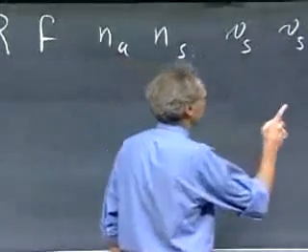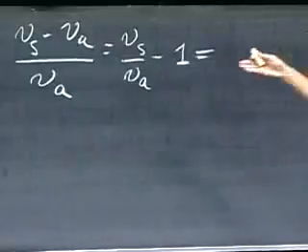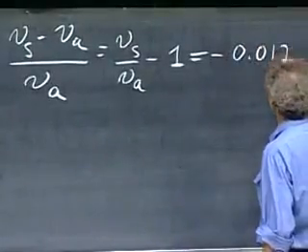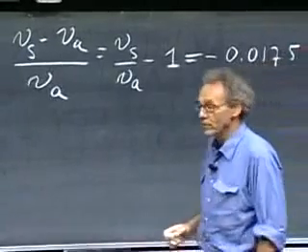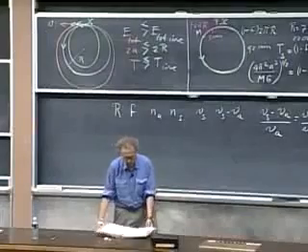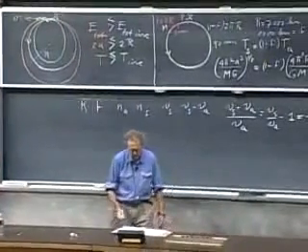Suppose you find for this dimensionless number minus 0.0175, which is the solution for N_A is 1 and N_S is 1. So you'll see that. The computer will generate that number for us.